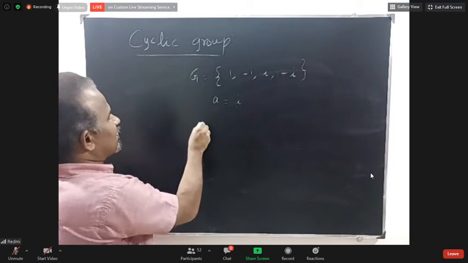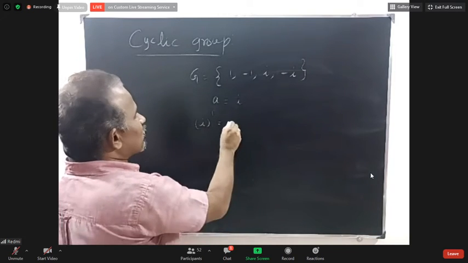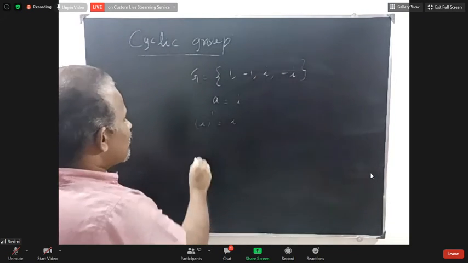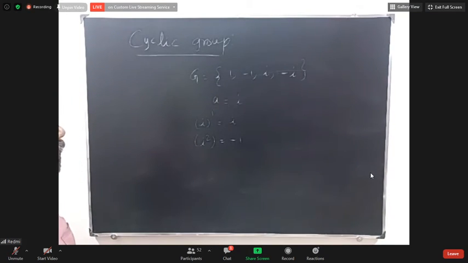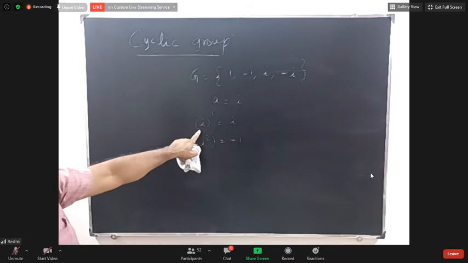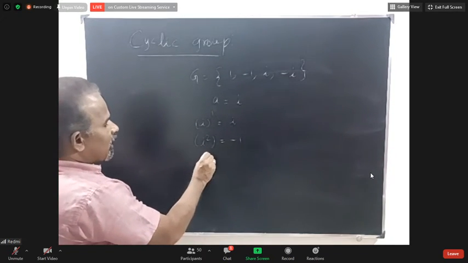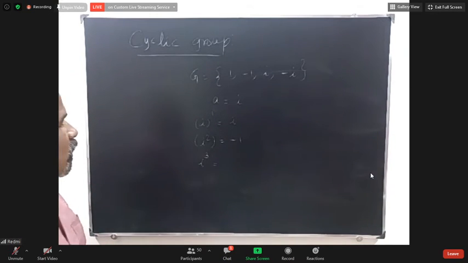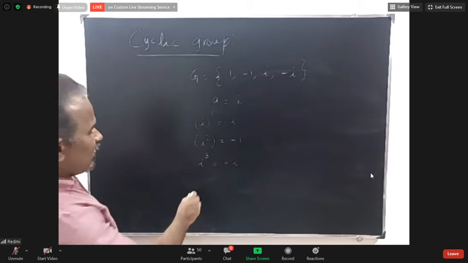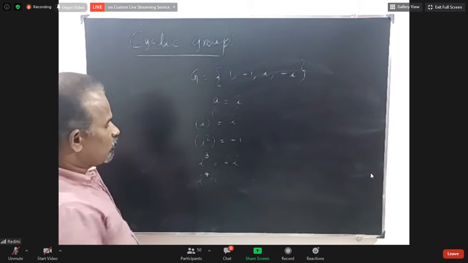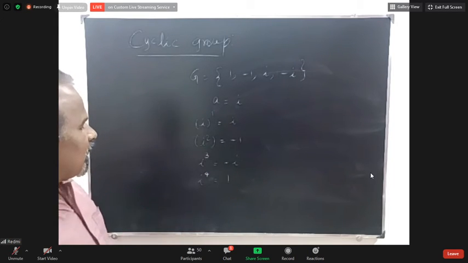A power 1, that is I power 1, is I. Then I power 2 is minus 1, I square is minus 1. I power 3 is equal to minus I. I power 4 is equal to 1, the identity.